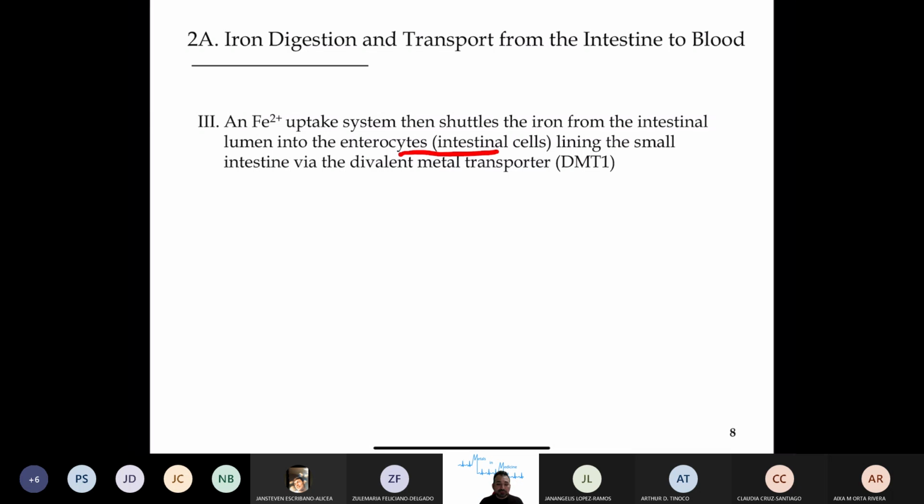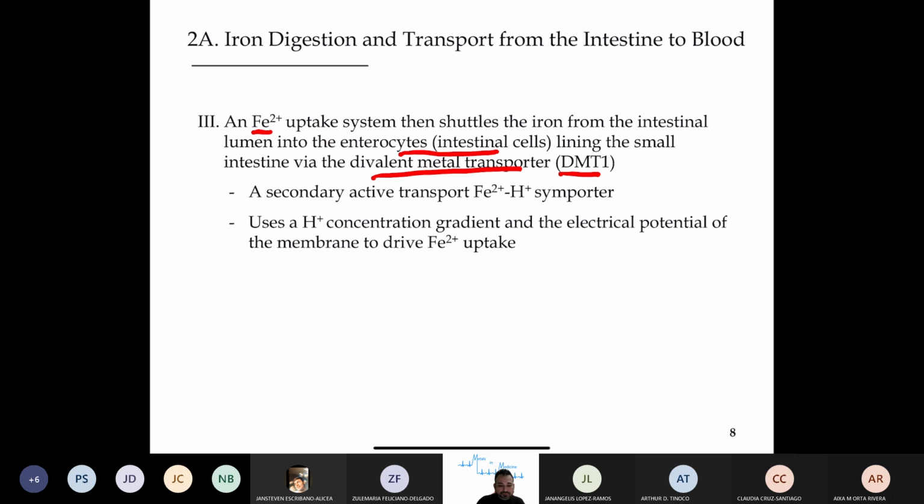And this process is being facilitated by a transporter, the divalent metal transporter, abbreviated as DMT1. So as the name implies, divalent means that it's going to have a charge of 2+. So that's why it's very important that that iron is iron 2+, okay, divalent metal transporter. So as I mentioned, this is a transporter, and it turns out that it's facilitating movement via a secondary active transport.